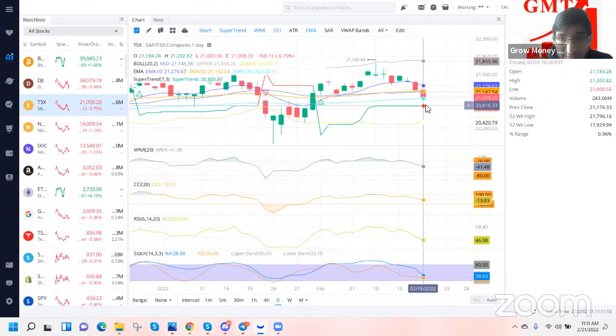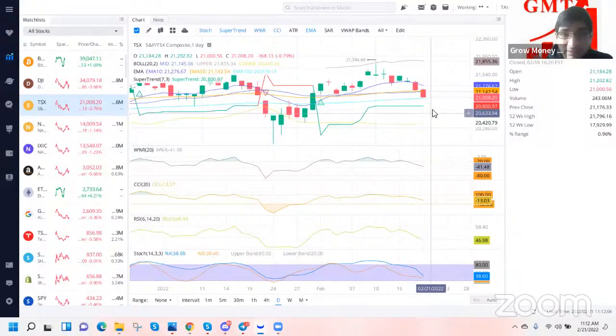The super trend here is flat, though the lower Bollinger Band has curved, but the indicators are downward. So TSX definitely looks red, at least in the coming few sessions.